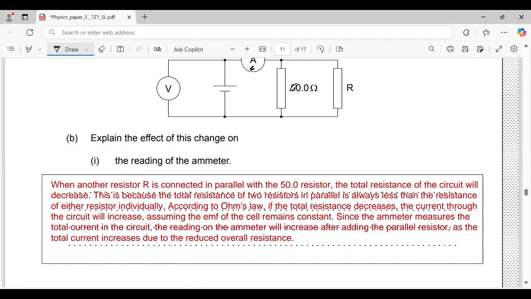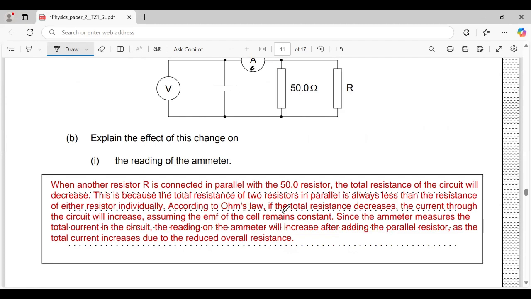Why decrease? Because this circuit adds one more resistor. This is because the total resistance of two resistors in parallel is always less than the resistance of either resistor individually.